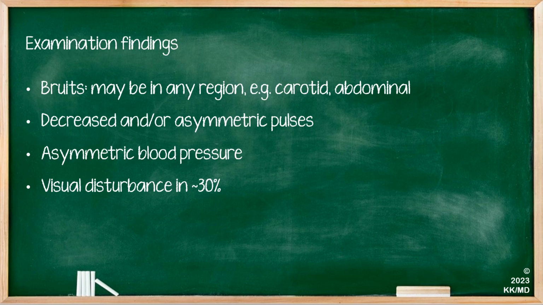The patient could have asymmetric pulses or decreased pulses, so they may be complaining, for instance, of a feeling of cold in the hands or toes, or pain, and you might also pick up radial or radiofemoral delay on examination. Going hand in hand with that, the patient could have asymmetric blood pressures, and in about 30% of cases it will involve the ophthalmic branch and artery, which will result in visual disturbance.